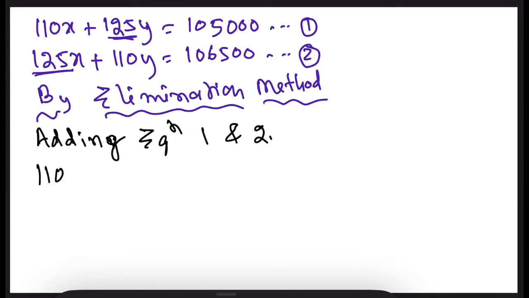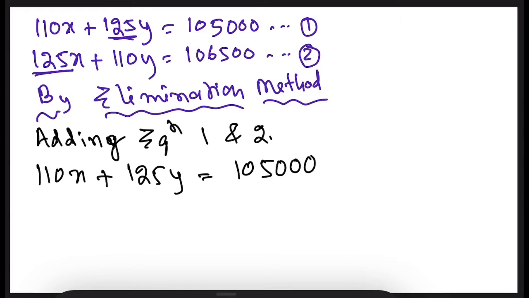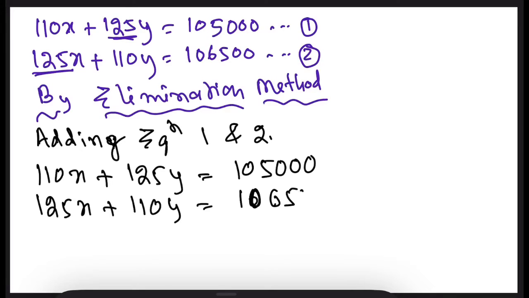So 110x plus 125y is equals to 105000. Okay, another one is what? 125x plus 110y equals to 106500. Now adding, so just you add it.